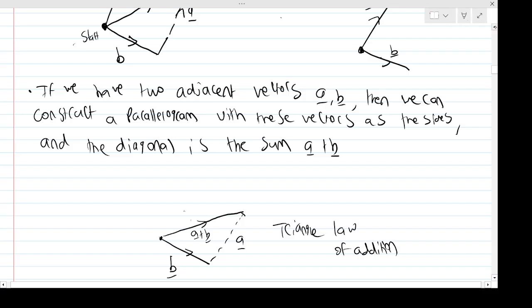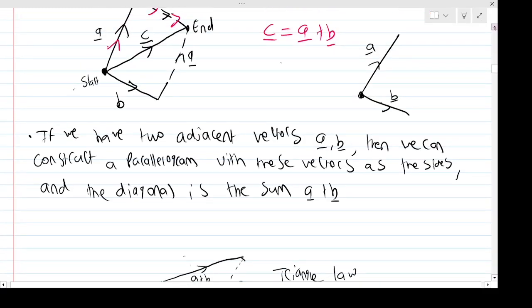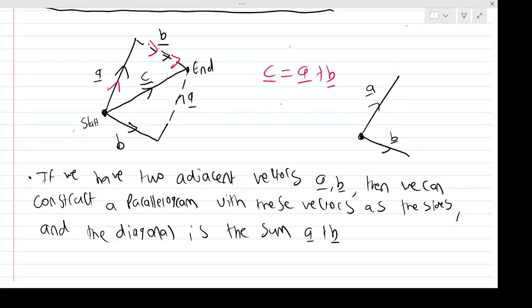Now, I haven't seen any exam questions where they directly ask about the parallelogram or triangle law, but implicitly you will be using these laws throughout the chapter when you add two vectors. That's how we add two vectors, via these laws.